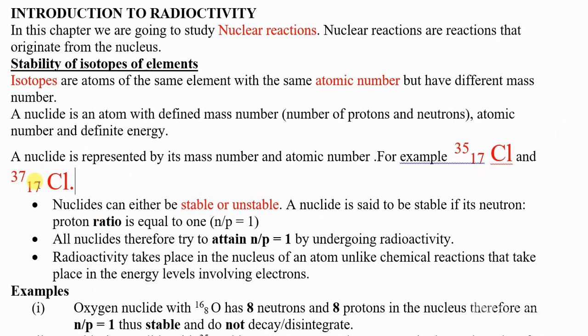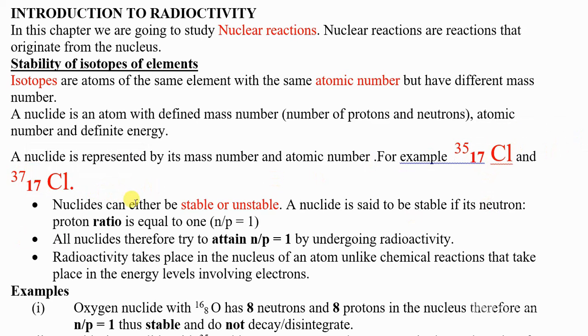Look at this one. The mass number here is 37 and this one is 35. So they have different mass numbers, but look at the atomic number: 17. This is what we call an isotope, a nuclide. They have the same atomic number but a different mass number.